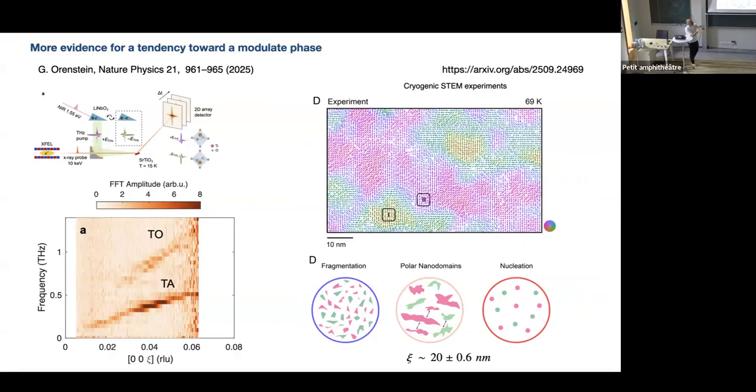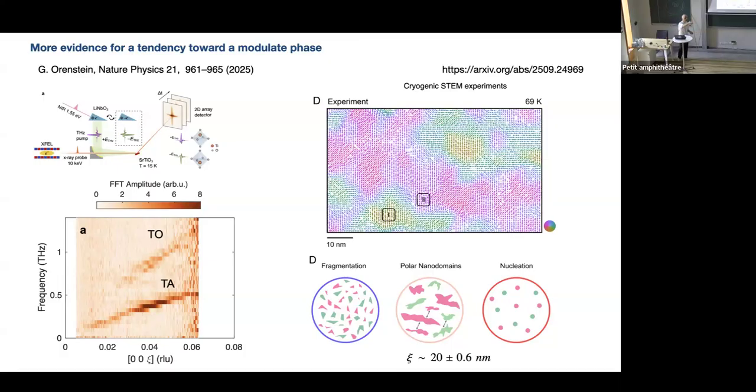You take a very thin STO sample, I think with a thickness of 15 nanometers, you cool it down and you measure the polarization of the sample. They found a state which is completely inhomogeneous, with a characteristic length scale of about 20 nanometers, which is in agreement with both the neutron result and this measurement.